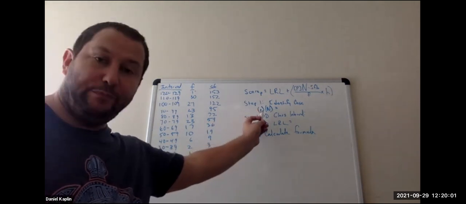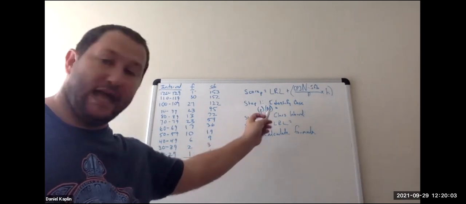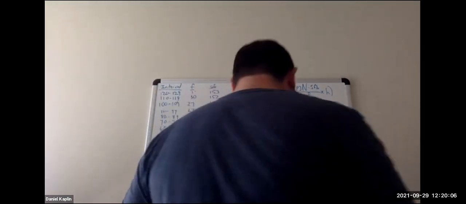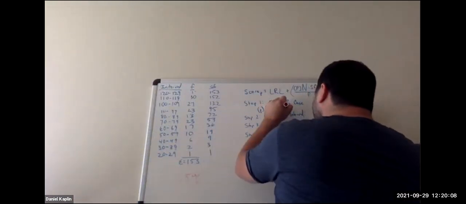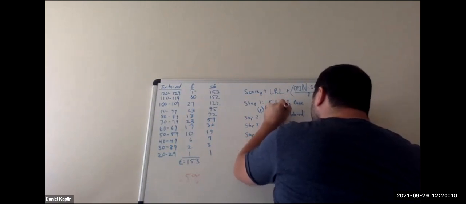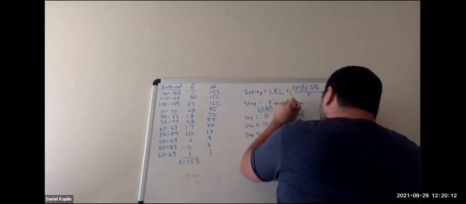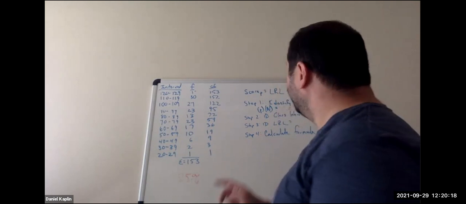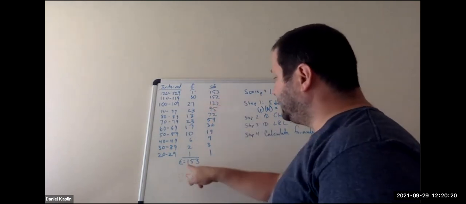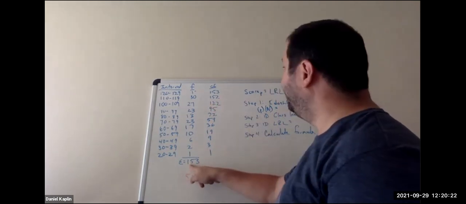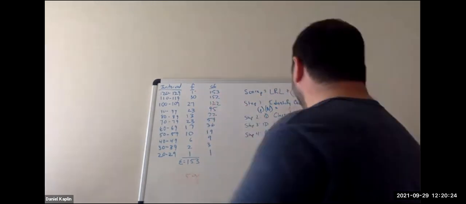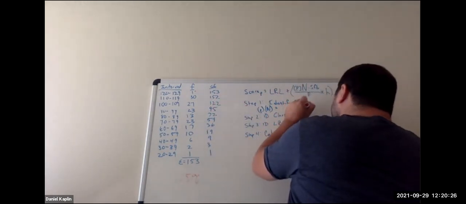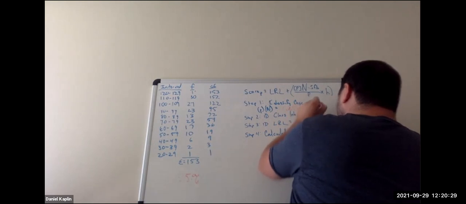So here we have P times N. The percentile of interest is 0.25, and we're multiplying that by N, the total number of participants, 153.